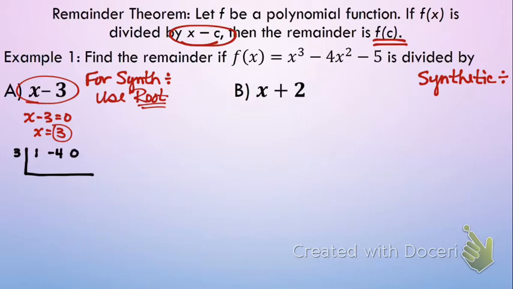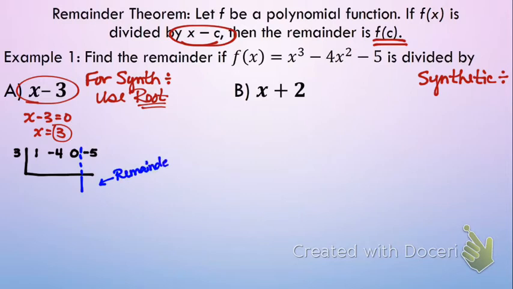But we have to put the 0 there or else the synthetic division does not work. And then we put our constant. What's our constant? -5. I always mark that last guy out, the constant, because what I end up with right here will be my remainder.